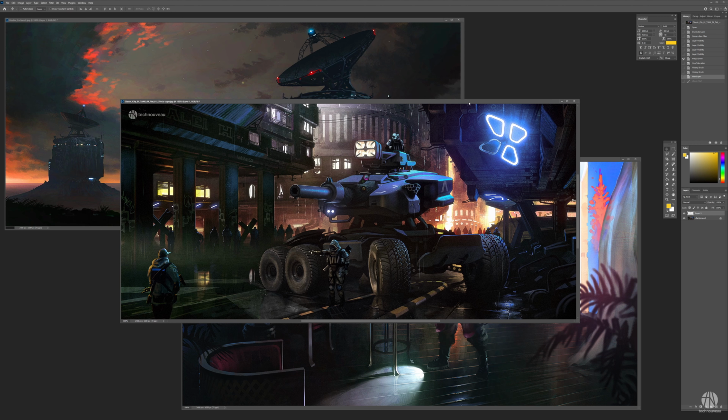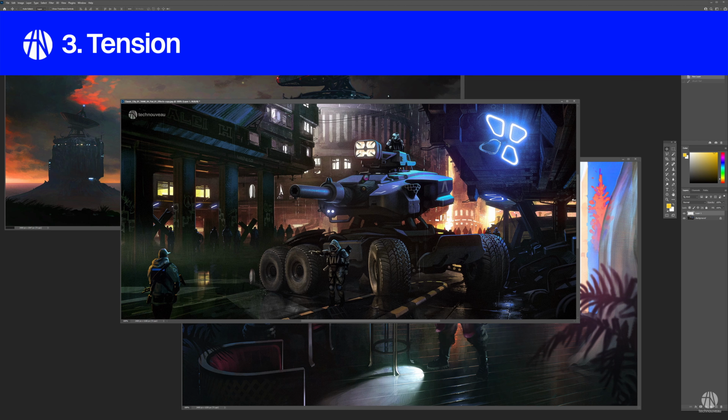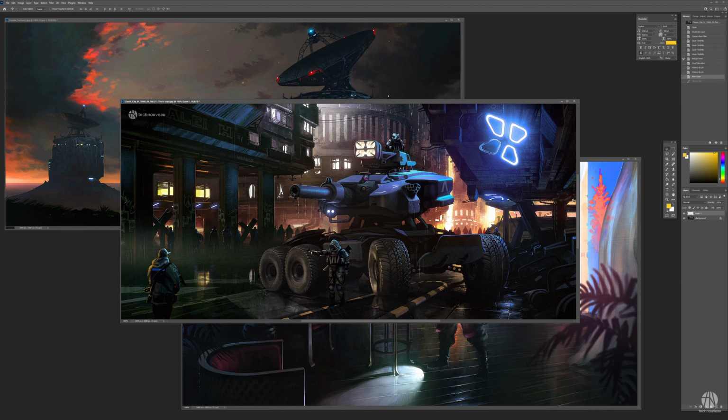And I flirted a little bit with the topic so far, but obviously the last thing here would be tension. And again, this guy, he's got a big tank, right? And he's pointing, he's demanding something. So obviously there's some sort of tension happening. And as I mentioned, who's really got the upper hand? Is this guy just a calm employee?